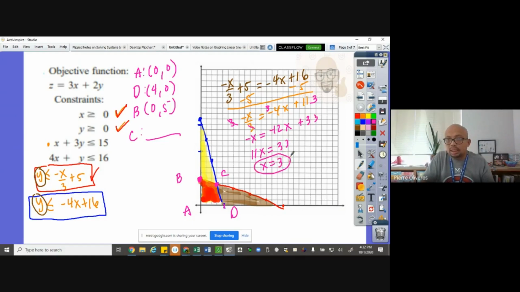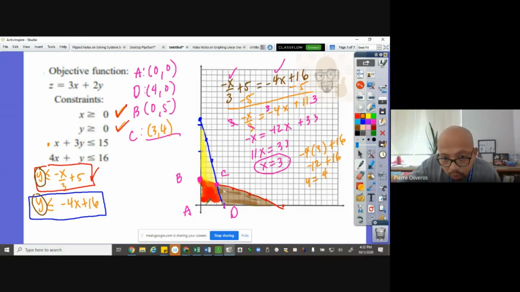Then I will plug the 3 into one of these equations, this one here, to solve for y. So I'm going to plug it in here: negative 4 times 3 plus 16. So negative 12 plus 16 will give me 4 for the y value. Therefore, the intersection C is 3 comma 4.